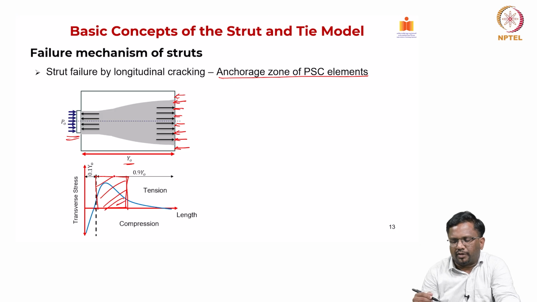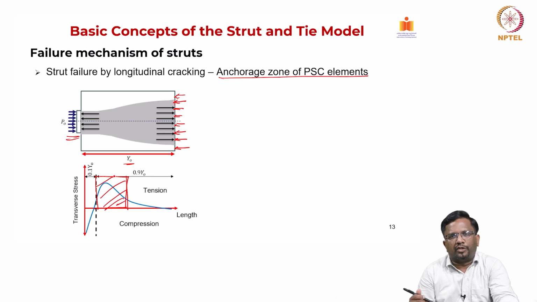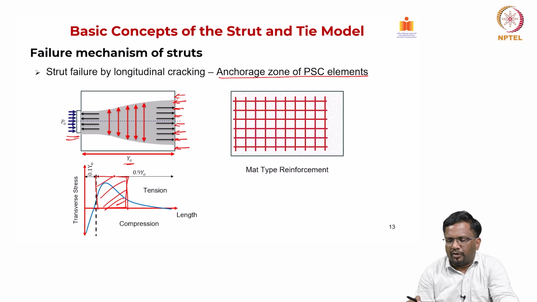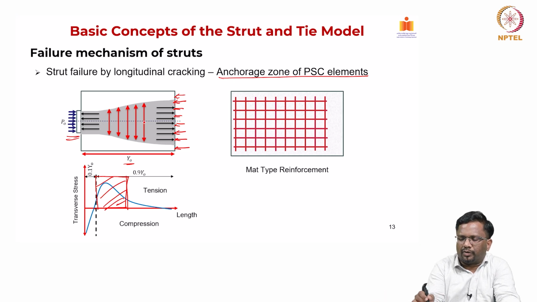So, we have seen that. Here we need to put some reinforcement in the vertical direction that will help me resist these transverse tensile stresses. So, if you see here, this is how it is going to come. If it is going to crack like this, I need to put reinforcement like this, right.